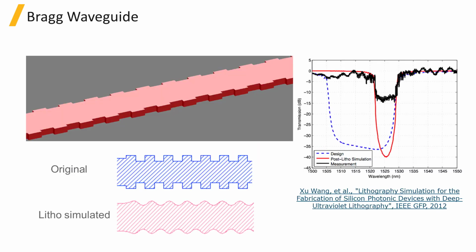The Bragg Waveguide is one example of a photonic integrated circuit component that can be used as a wavelength selective mirror or filter. The Bragg Waveguide shown here is a silicon waveguide with 40 nanometer periodic etching. We can use FDTD solutions to simulate a unit cell of the waveguide with periodic boundaries to characterize the bandwidth of the device.